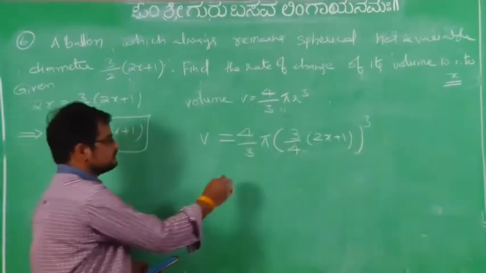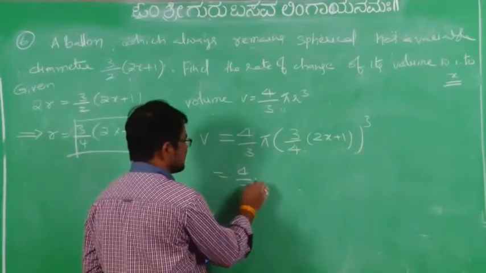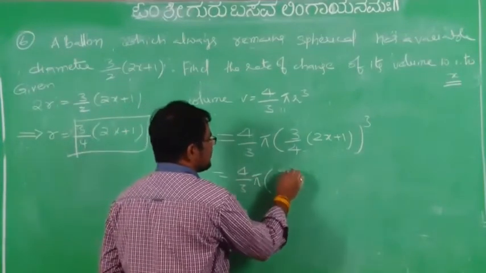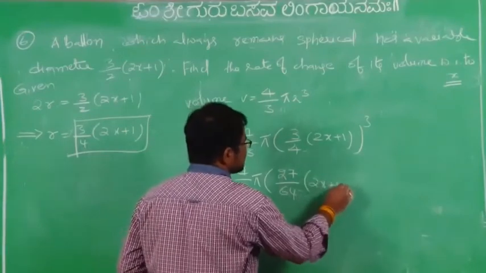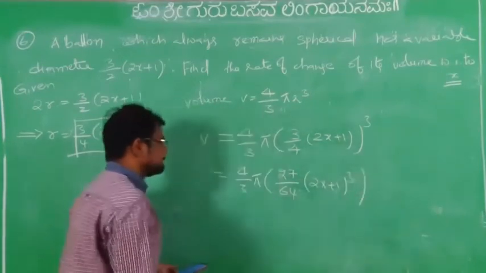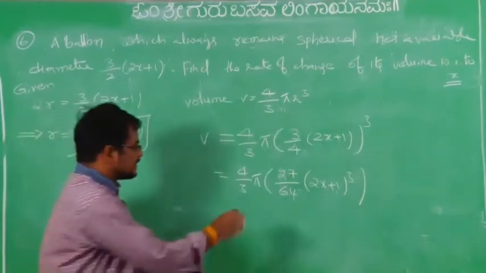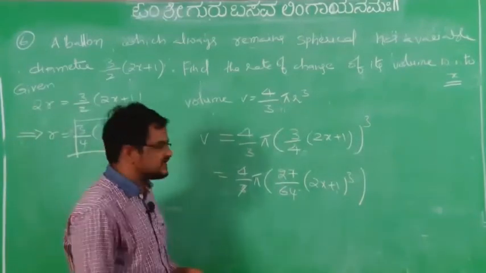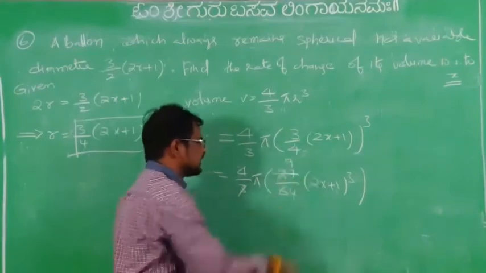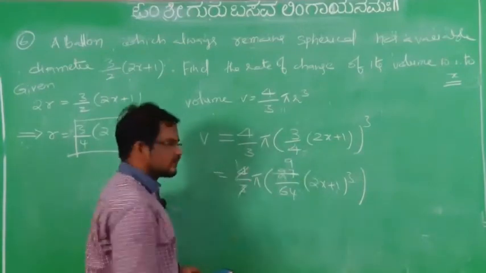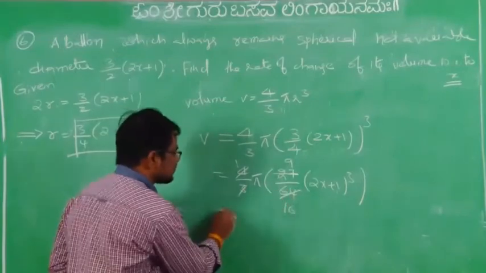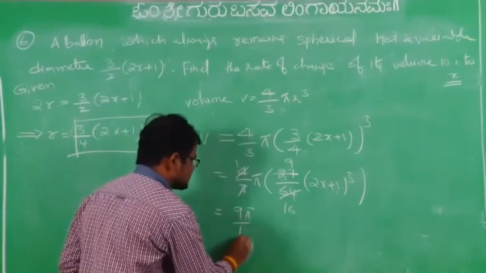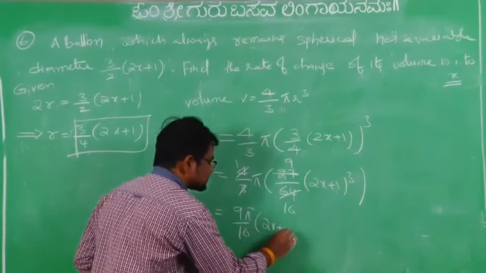Simplify, that is equal to 4 by 3 pi into 27 by 64 into (2x plus 1) whole cube. Is there any cancellation? This is 3, this is 9, 4, here 16, that is equal to 9 pi by 16 into (2x plus 1) whole cube.